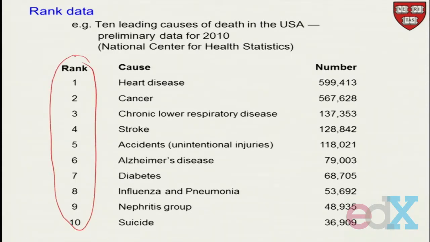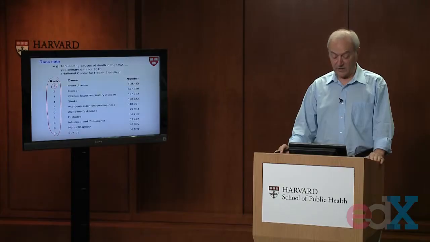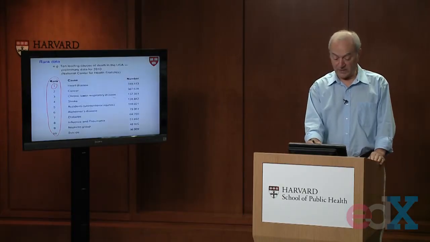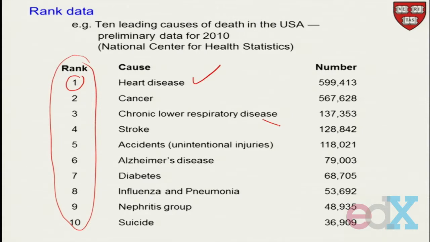So here, for example, are the 10 leading causes of death in the US for 2010. And we look and see that rank 1, or the most deaths in this classification system, were due to what was classified as heart disease. Number 2 was cancer. Number 3 was chronic lower respiratory disease, and so on.